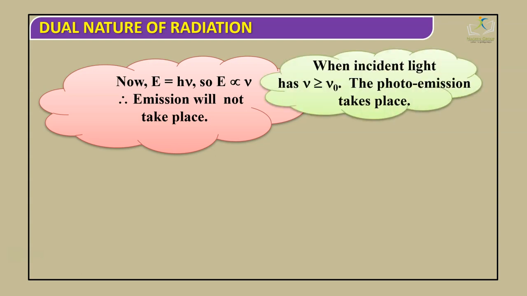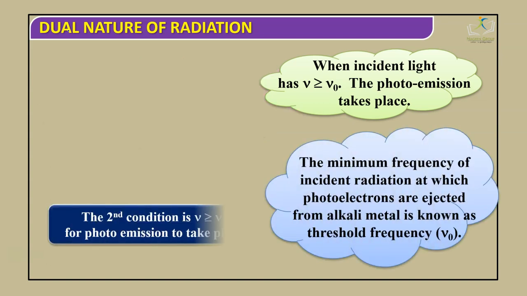When the incident light has a frequency greater than the threshold frequency, the photoelectron emission takes place. The minimum frequency of incident radiation at which photoelectrons are ejected from the alkali metal is known as the threshold frequency.